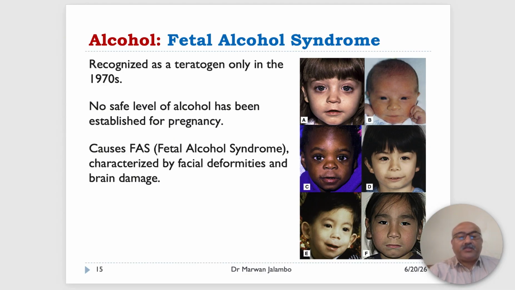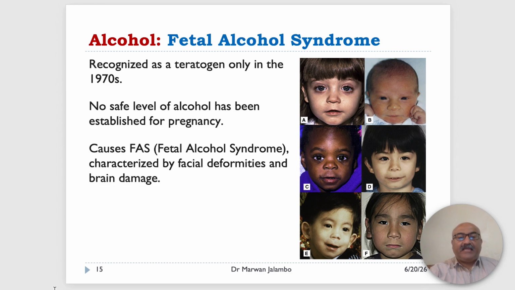Legal recreational substances also pose massive risks. Let's talk about alcohol. It is surprising to many that alcohol was not formally recognized as a teratogen until the 1970s. Today, we know there is absolutely no established safe level of alcohol consumption during pregnancy.